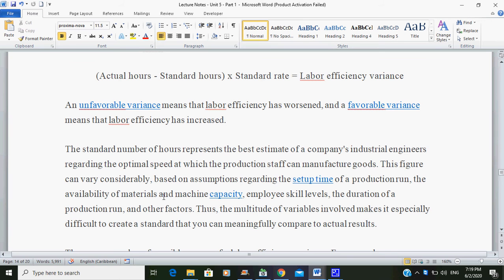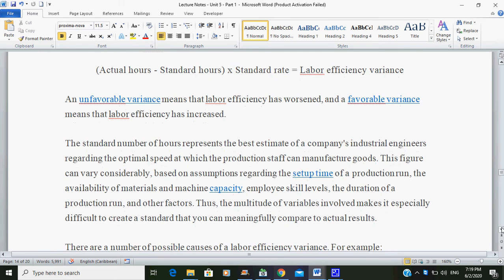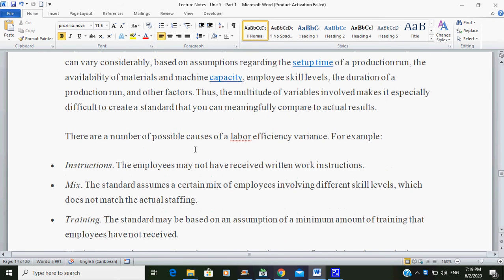There are a number of possible causes of labor efficiency variance. For example, instructions: the employees may not have received written work instructions. Mix: the standard assumes a certain mix of employees involving different skill levels, which doesn't match the actual staffing. Training: the standard may be based on an assumption of a minimum amount of training that employees have not received.